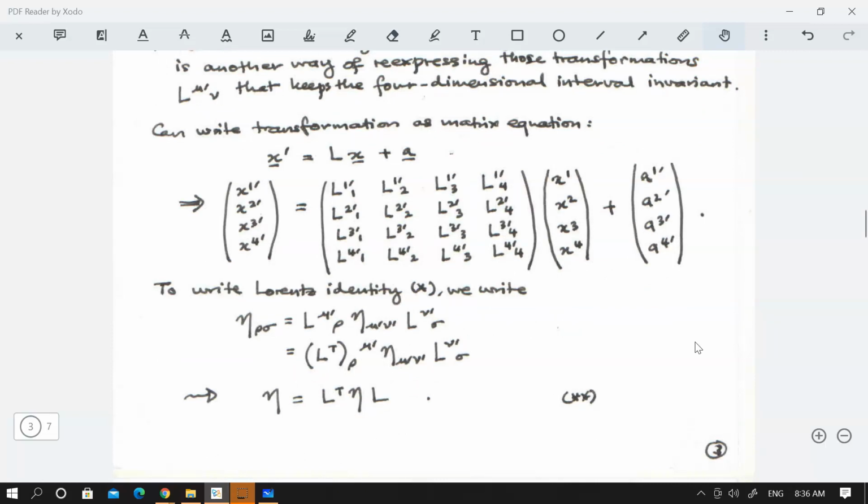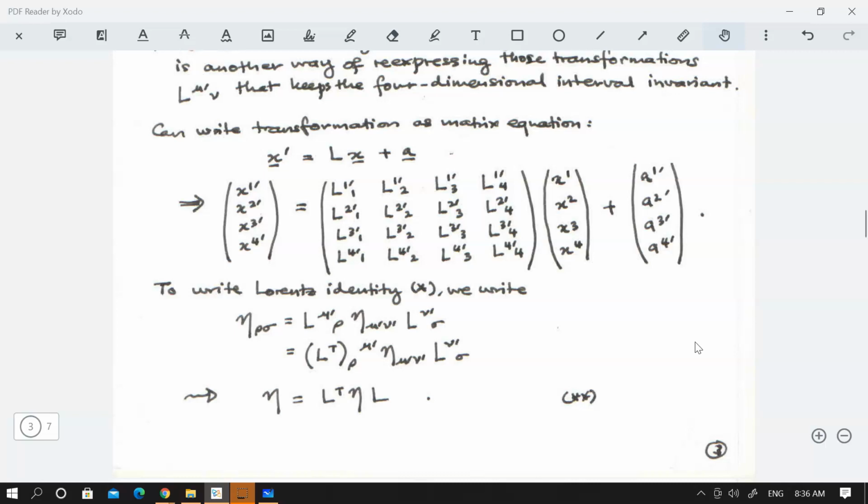But now let's look at this equation, the Lorentz identity. Can we think of this as a matrix equation? Well, not in this particular form yet. Remember the first index is your row index, and the second index is your column index.